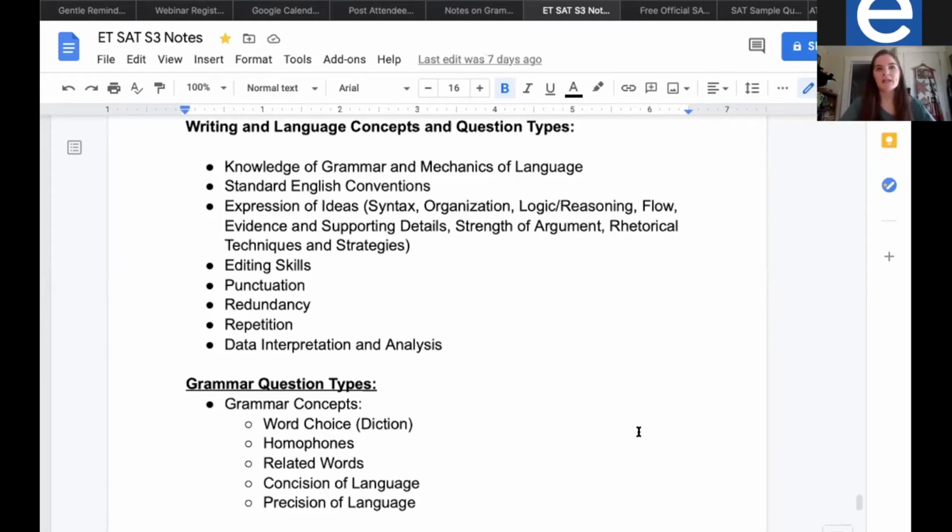Language enables us to decode and decipher what other people are saying and why. We practice those skills all the time when we're writing, reading, and editing. So these are all skills that you have, but the SAT is going to trick you by being very technical. It's going to ask you for what's in a positive phrase, for instance.